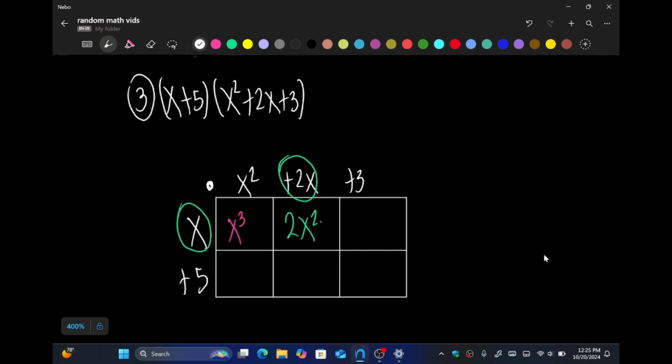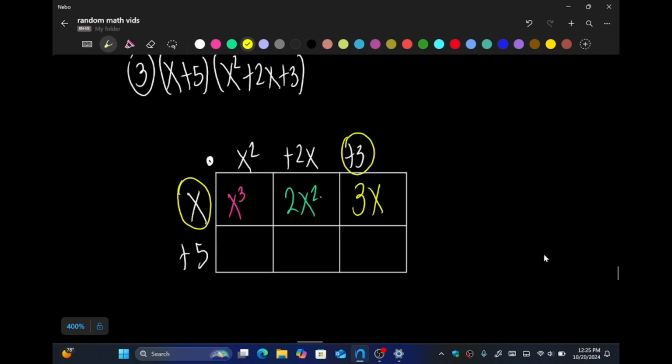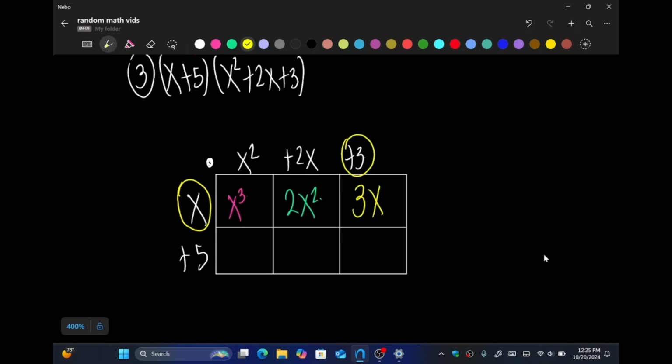Okay, and now we're going to do the third one. 3 times x is 3x. And then 5 times x squared is 5x squared, right? So you're literally just multiplying each term with each term using the box, right?